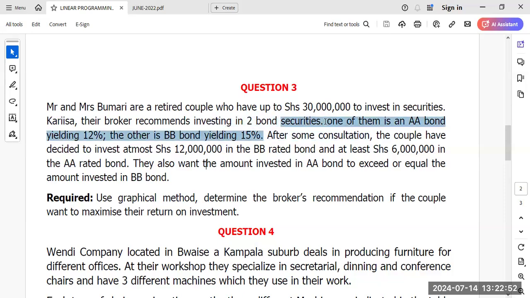Colleagues, if you analyze this, do you see any inequality in this statement? Just be open, be free. This is a revision. If you suggest something wrong, you will be corrected. But what is your view?